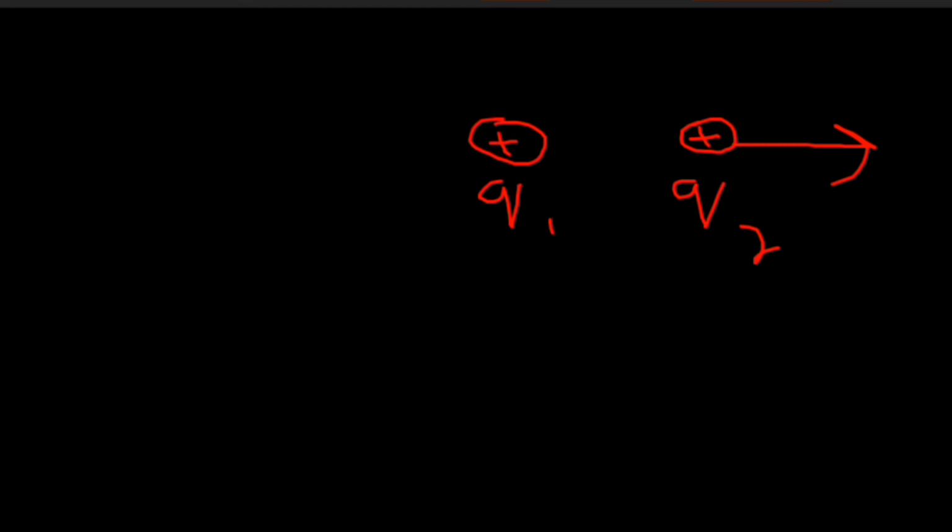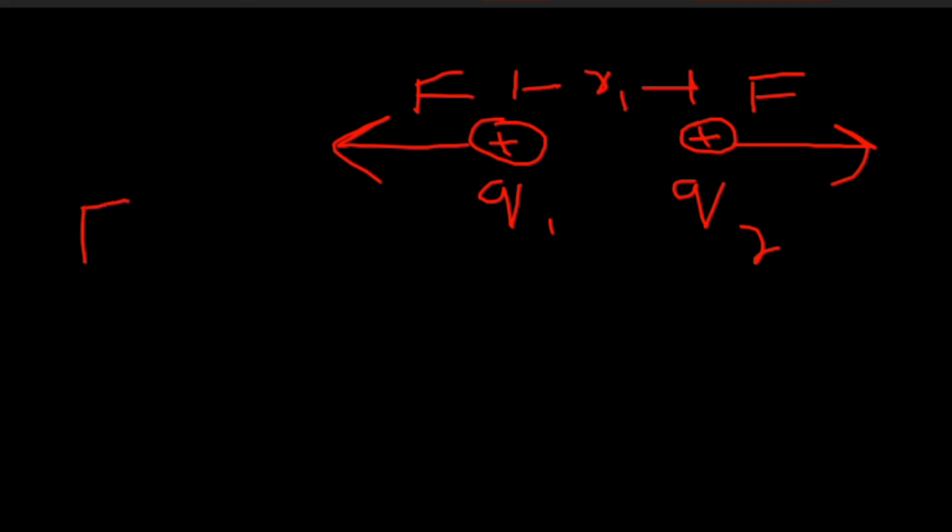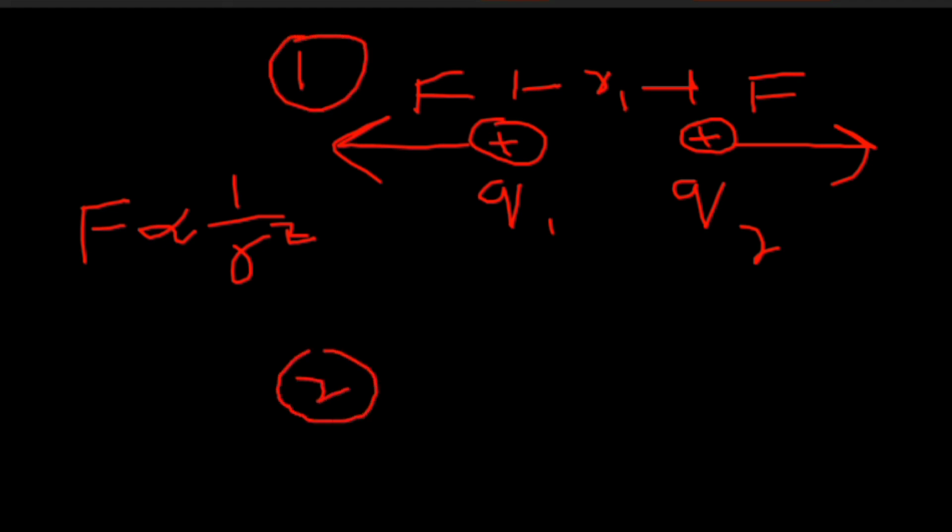This is the force of repulsion between the charges, and the distance between them is R1. The force is inversely proportional to the square of their distance. This means if we increase the distance between the two charges, then the force between the two charges decreases.